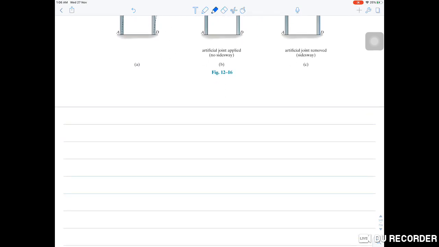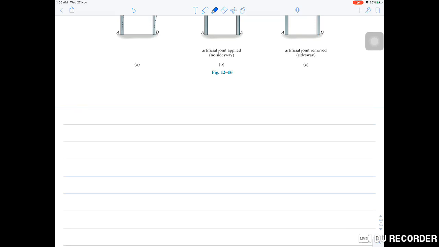Okay, before we continue with analysis, we need to be able to identify the frame, no sidesway frame or sidesway frame. Actually, there are two conditions that we need to understand. These two conditions, as I said just now, have been discussed in chapter 11 under sidesway frame.